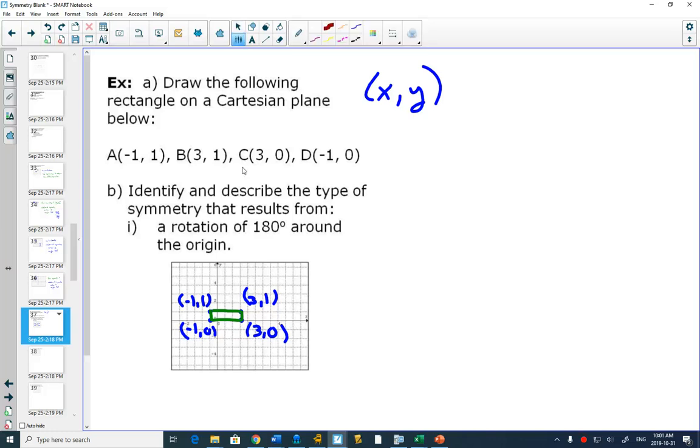So what we want to do, on a test, you would have tracing paper for this. Do you know the origin is the point 0, 0? So you would trace this out, and I would label this point, which I've done in red. I would hold my pen on that point, take my tracing paper, and turn it 180 degrees.